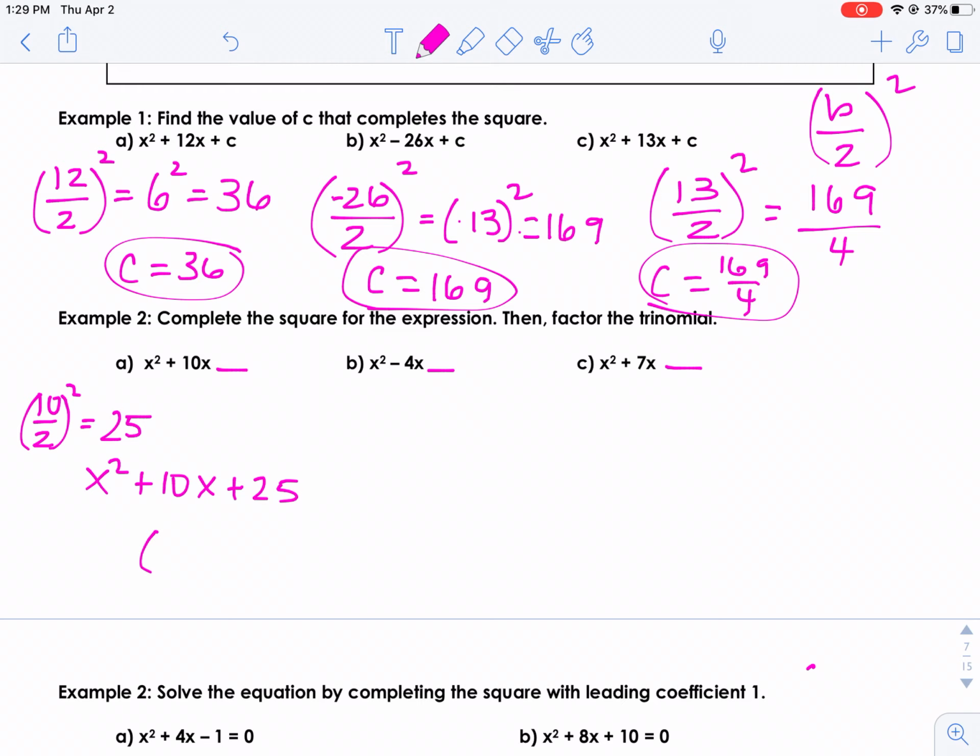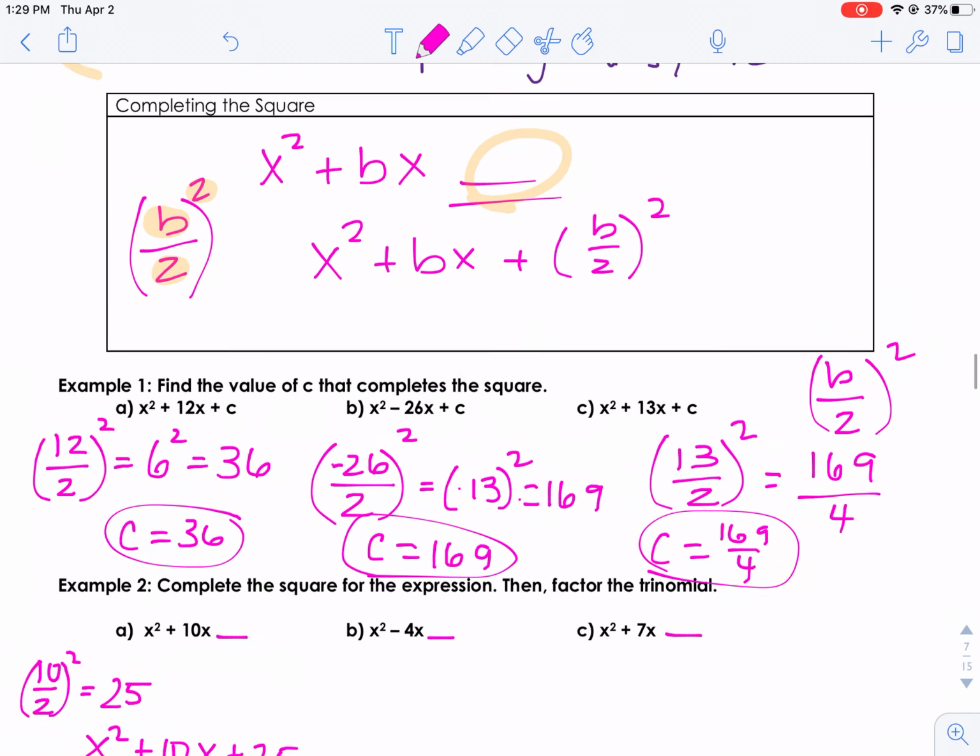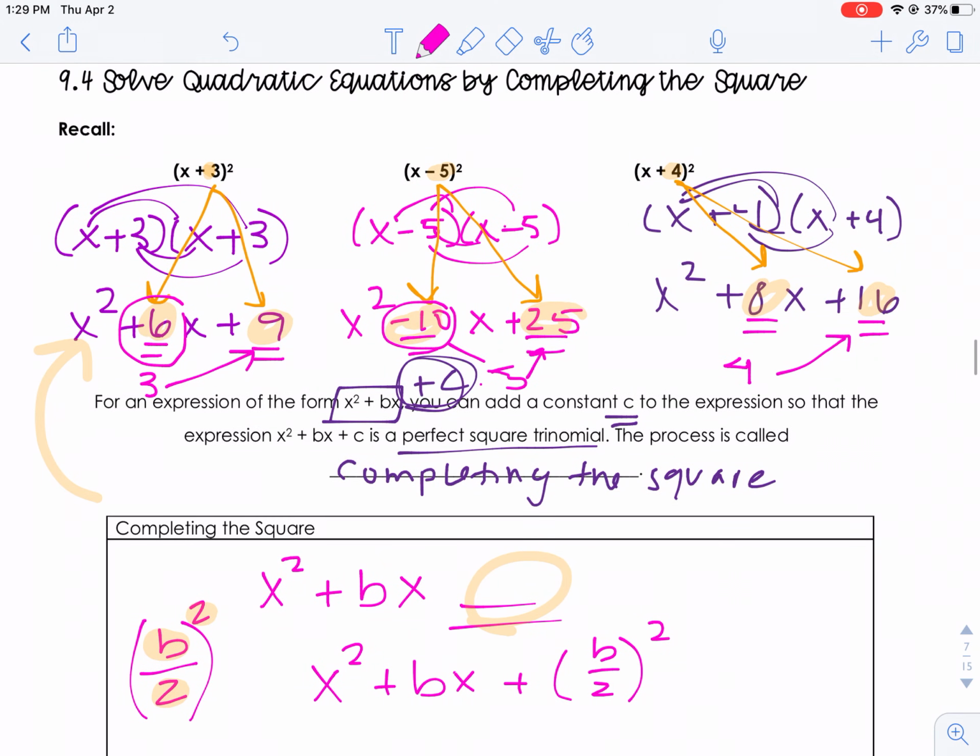Now factoring this, if we revisit up here, it always factors into these patterns. It's going to factor into a binomial squared, and this number here is always, we can think of it two ways, half of the middle number or the square root of the second number.